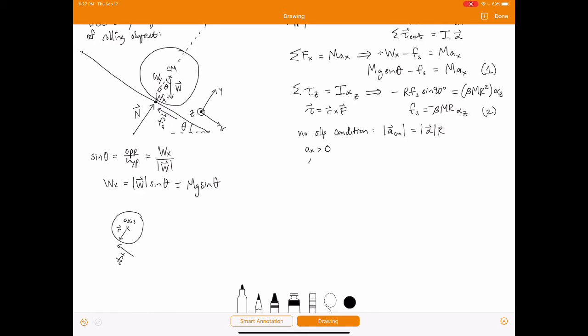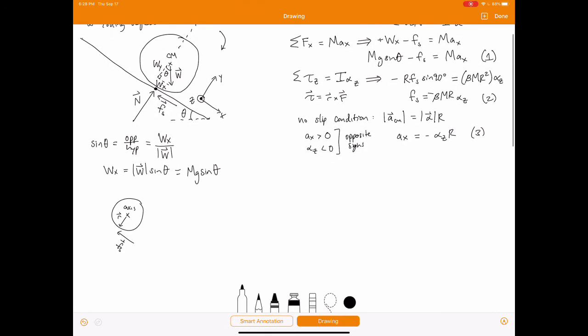On the other hand, if we look at the angular acceleration, the wheel is going to start rotating this way, clockwise. If you curl the fingers of your right hand in that direction, your thumb is pointing into the page. So our angular acceleration is into the page, which is the negative z direction. So the point is these have opposite signs. So a x is going to be equal to minus alpha z times r. Let's say that's our third equation.